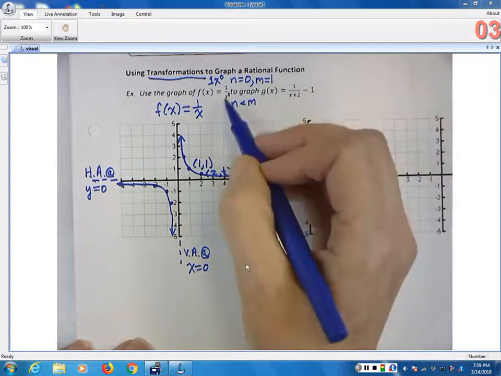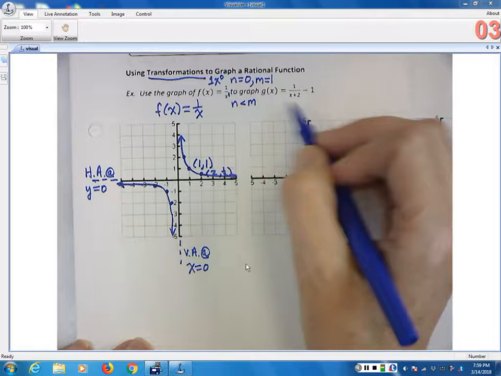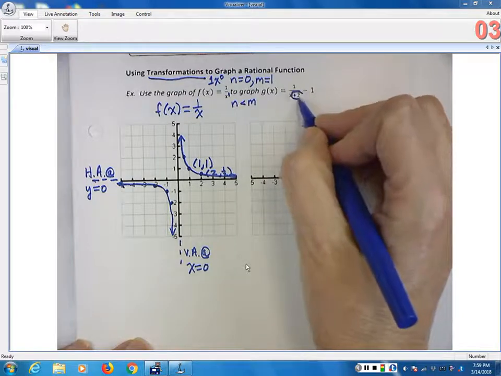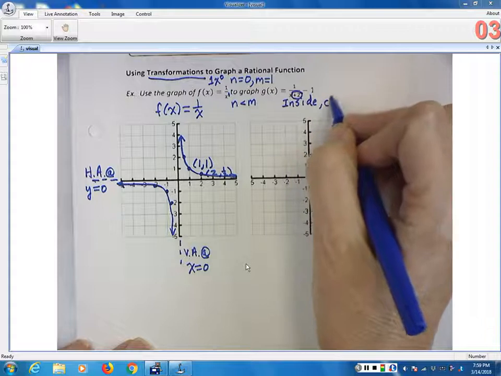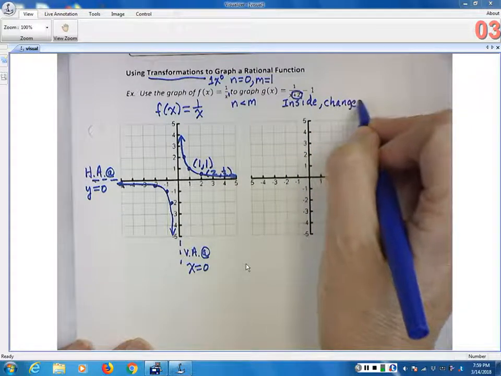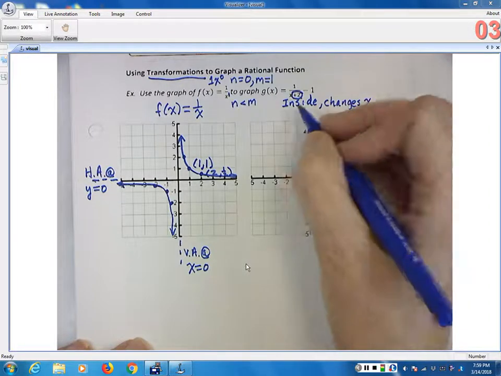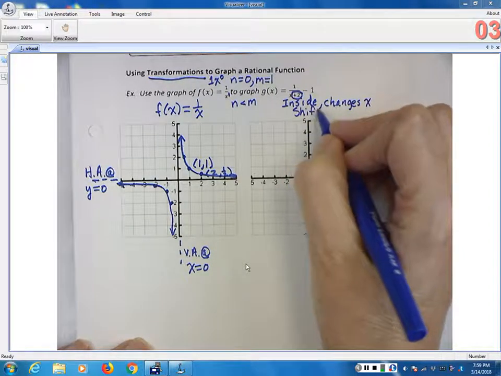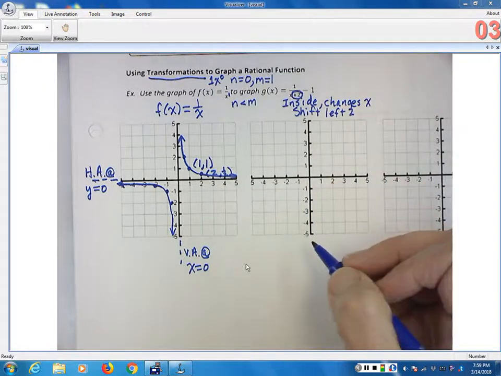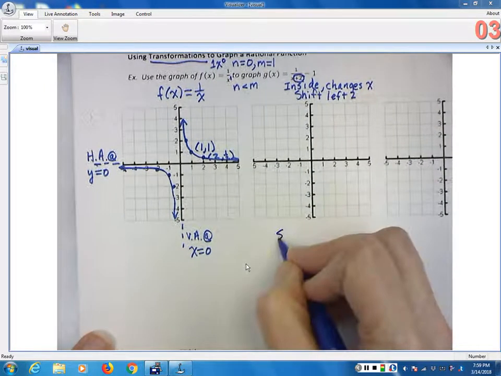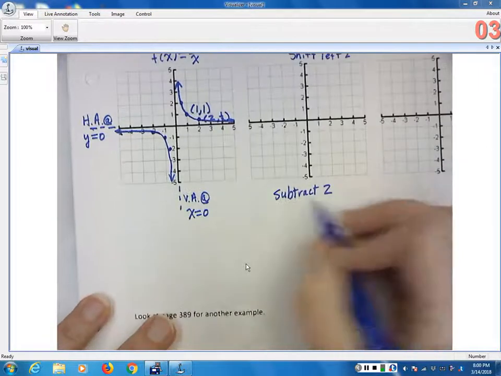Because our original function is 1 over x, when we're adding 2 in the denominator, this is inside the function. It changes x. And because we're adding 2, we shift left 2. So we could subtract 2 from each x coordinate.